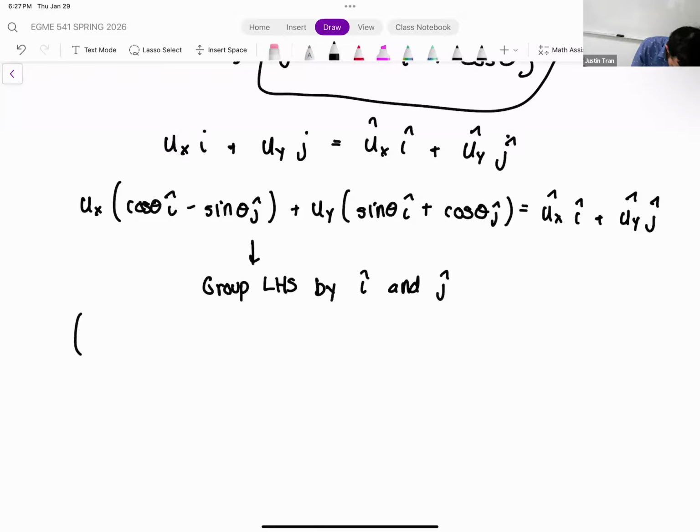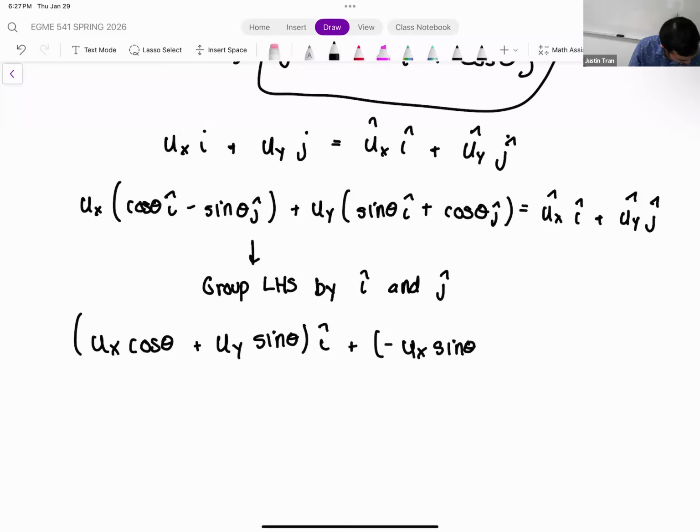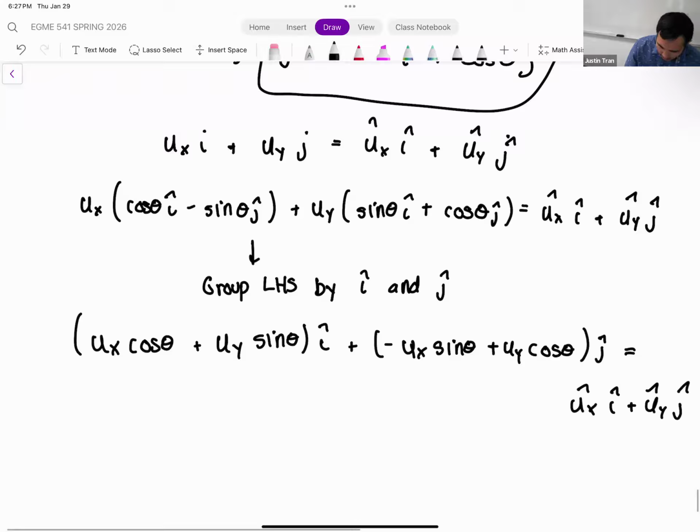And so when we do that, we get ux cosine theta plus uy sine theta, times I hat, plus minus ux sine theta plus uy cosine theta, times j hat, is equal to ux hat I hat plus uy hat j hat. Okay.